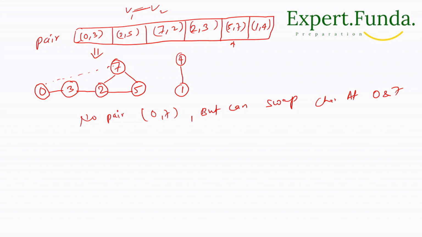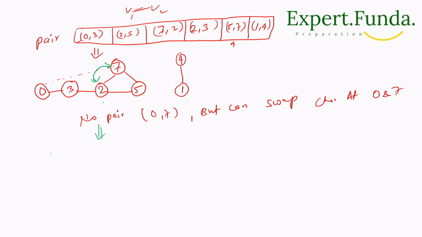So if we want to swap this one, first we will do what? We will do swapping between 2 and 7. After the swap, what will happen?